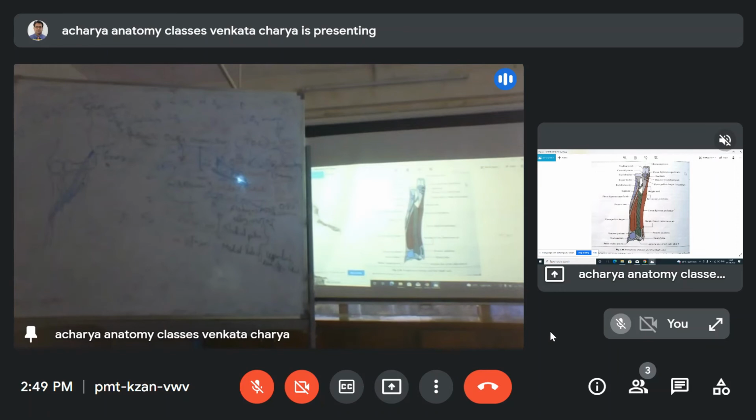Then it runs downwards and passes beneath the extensor retinaculum.